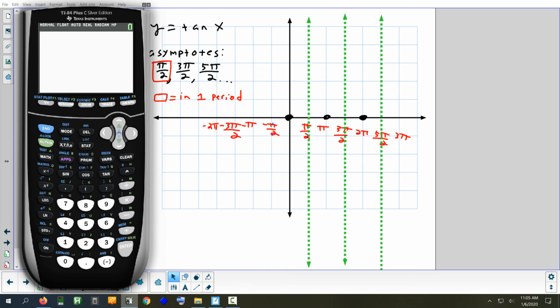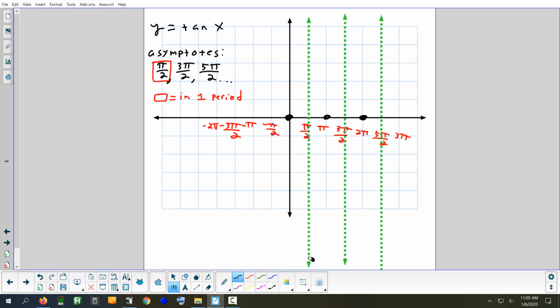You don't even need to know that it's 1.57. Don't do the tangent of pi over 2; you're going to get an error because that's a vertical asymptote. Let's just go a little bit bigger. So let's say tangent of pi over 2 plus 0.01. Just adding a little bit to it, and I get negative, basically 100. So in other words, way down there.